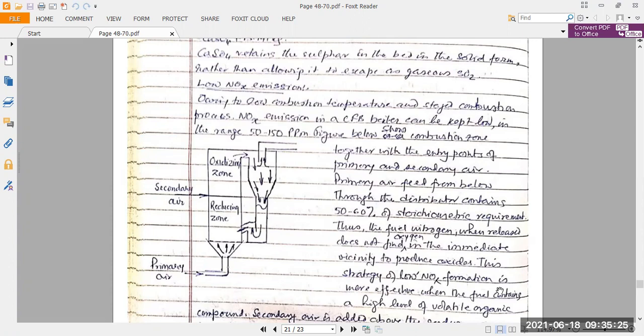So the nitrogen which is released does not get sufficient air to form nitric oxide there.